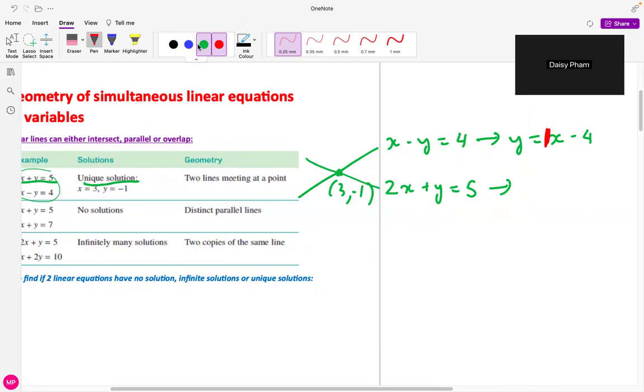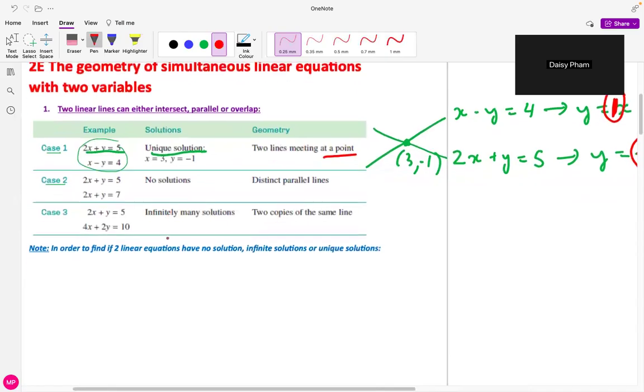If I do the same for the second equation, I move the 2x over, so I have y equals negative 2x plus 5. So the gradient equals -2. The moment they have different gradients, they will meet at a point.